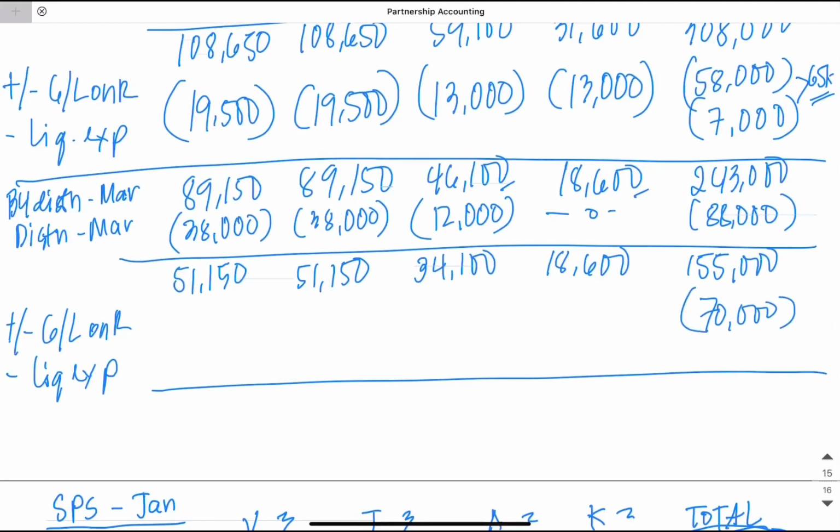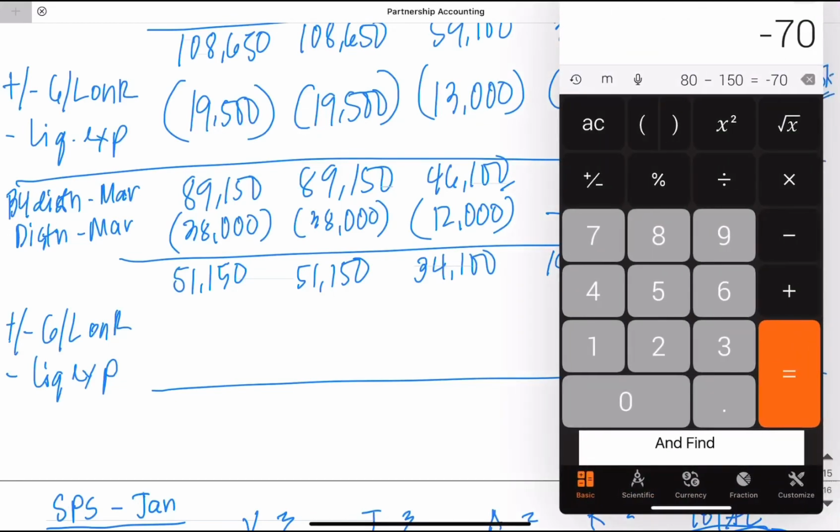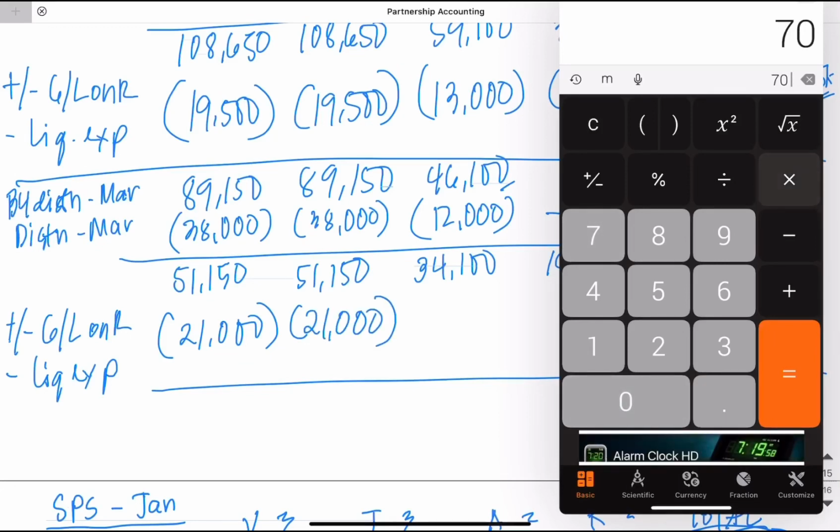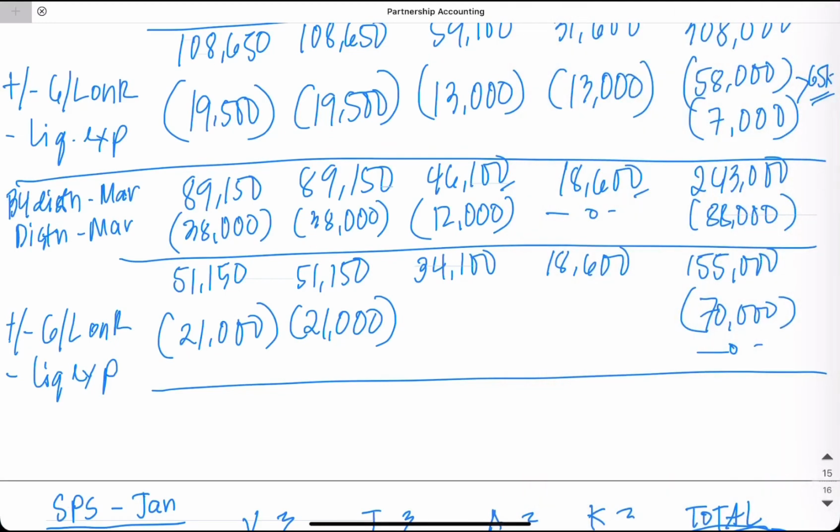So distribute 70,000 times 0.3. This is 21,000. Another 21,000. And 70 times 0.2, this is 14,000. Another 14,000.